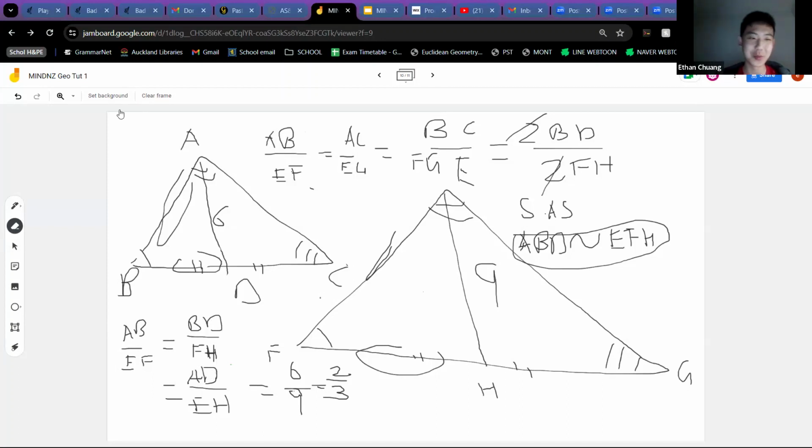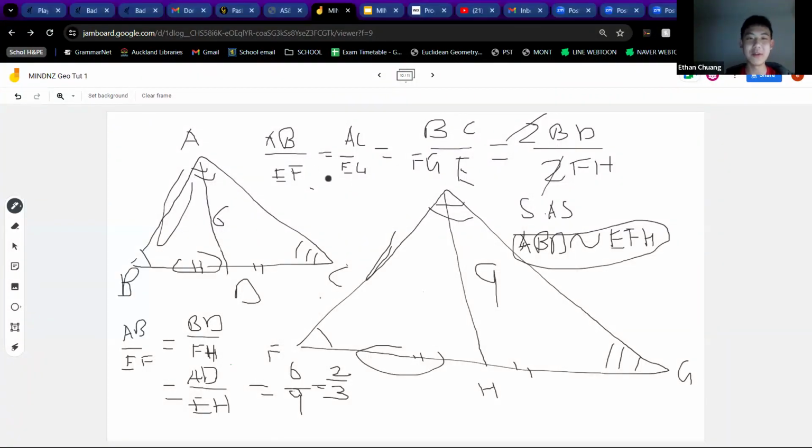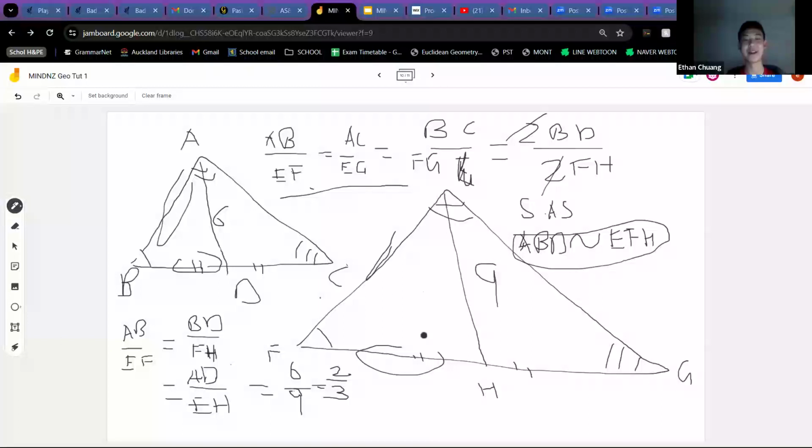Yes, that is the right answer, but I didn't see any working. That's the problem. Yeah, the sides are 2/3. So we showed that AB over EF is equal to 2/3. And then since we know AB over EF equals AC over EG equals BC over FG, the ratio of the sides is 2/3.